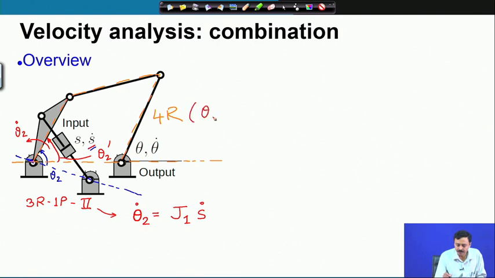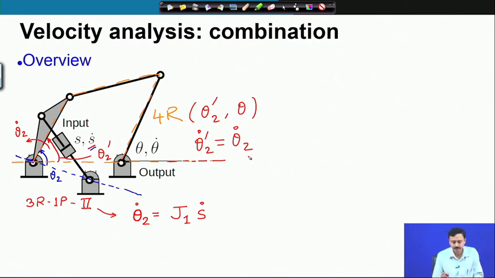So, the input is theta 2 prime and the output is theta, and of course, theta dot. Now, theta 2 prime dot is nothing but theta 2 dot. As you can see, because the line of frame of the 4R chain is a fixed line, it is a fixed reference line, therefore theta 2 prime dot is also equal to theta 2 dot.